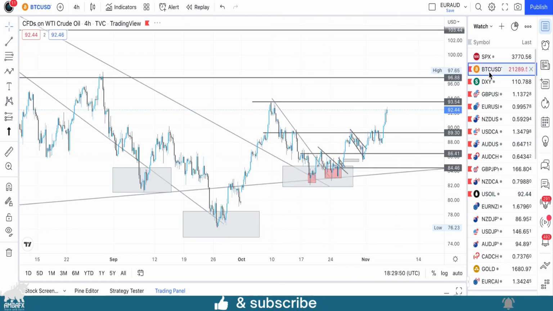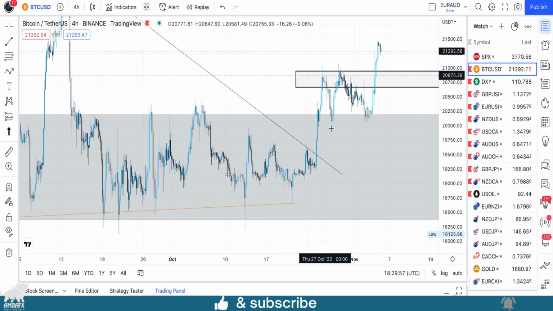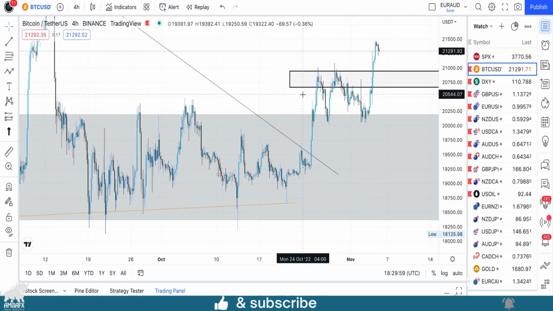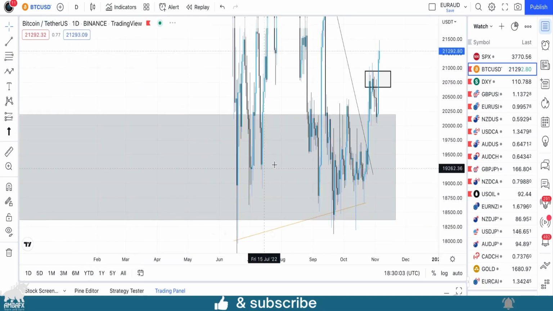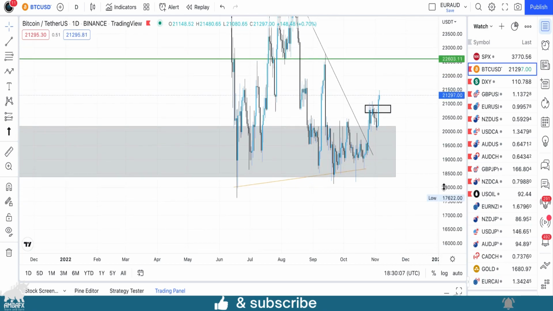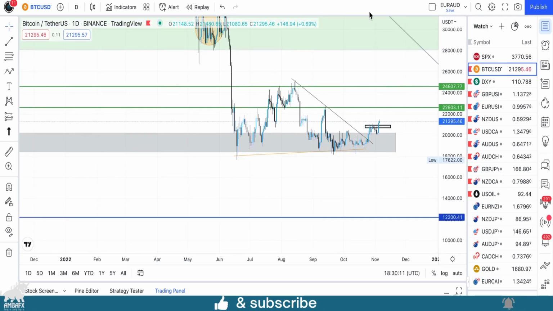So the last one we want to look at is BTC USDT. A couple of weeks back we predicted it from 19,000 that it is going to go to 28,000, that it is going to reject at 28,000 back to the downside.